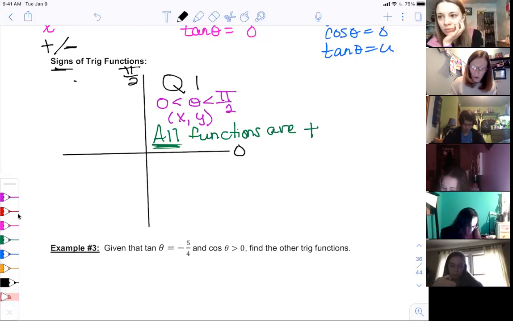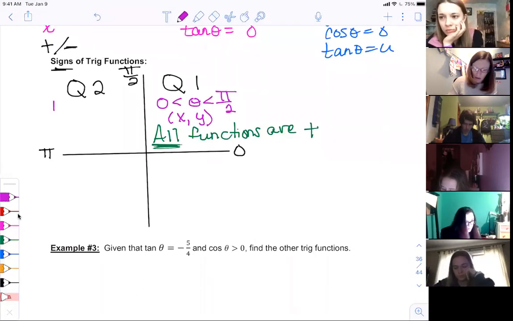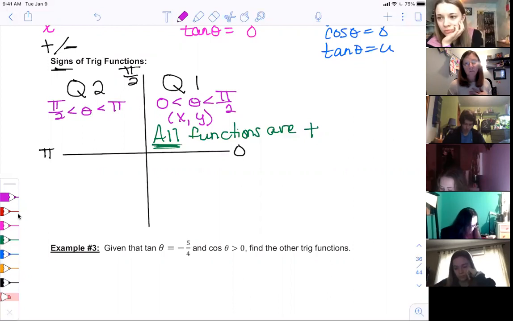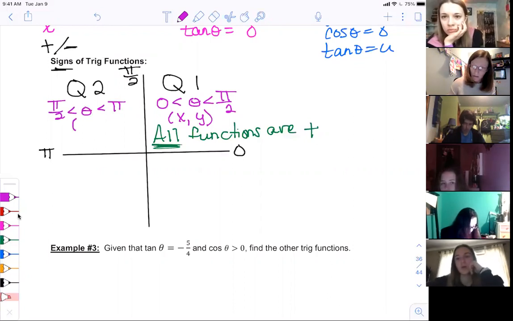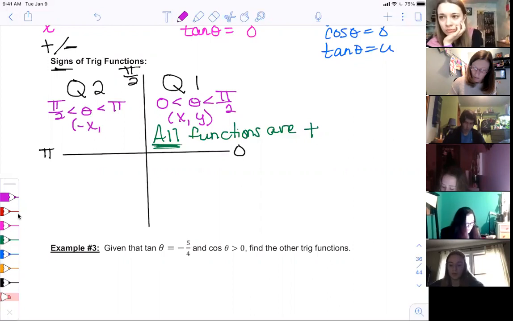The second quadrant, over here, goes from pi over 2 to pi. So any angle that's between those two values is located in the second quadrant. Darby, what do you know about the ordered pair in the second quadrant? The x is negative, but the y would still be positive.